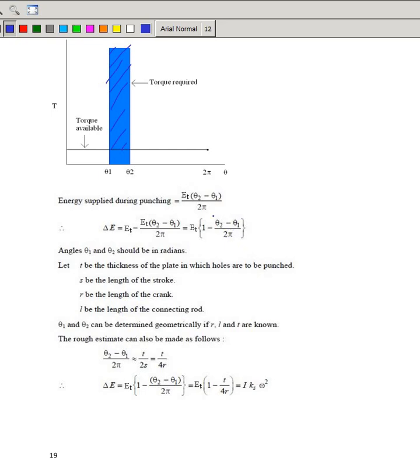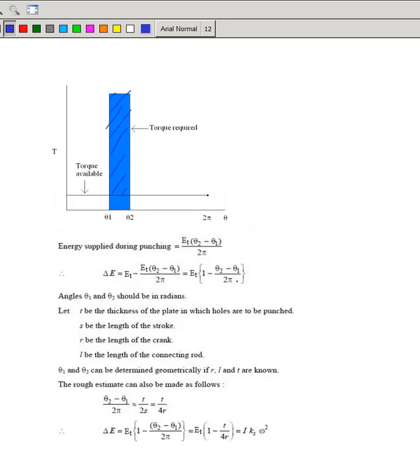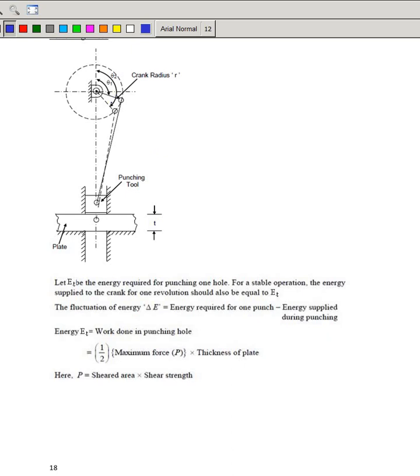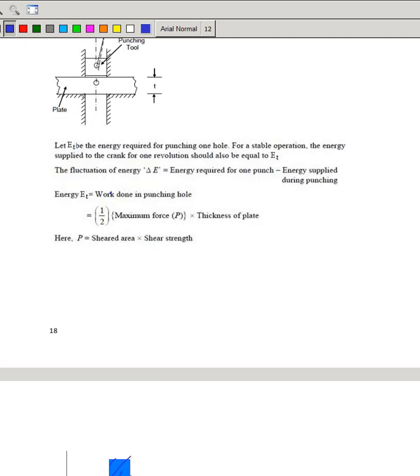We can approximate theta 2 minus theta 1 by 2 pi as t by 2s, because 2 pi corresponds to 2s, and theta 2 minus theta 1, going from here to here, is t.